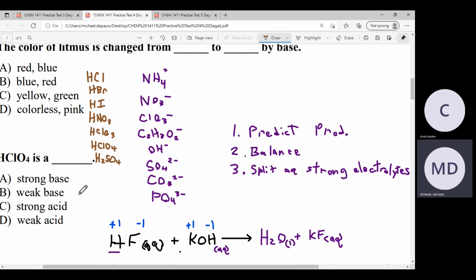And is it soluble? Yes, it is. So it's ionic and soluble, and therefore it will split apart. All strong bases are going to be strong electrolytes as well. So yep, you do split strong acids or bases. It's the weak ones you can't do.